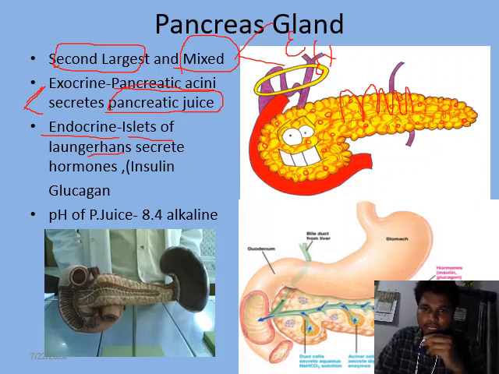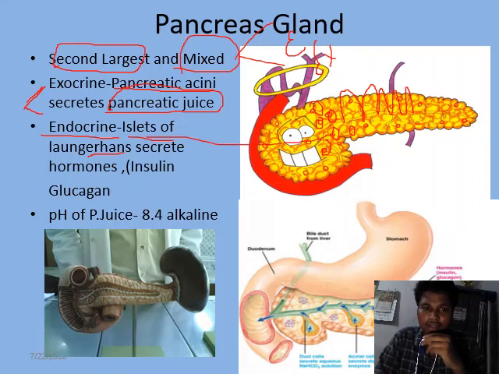And between the pancreatic acini you are able to find island-like parts. These parts are called islets of Langerhans.